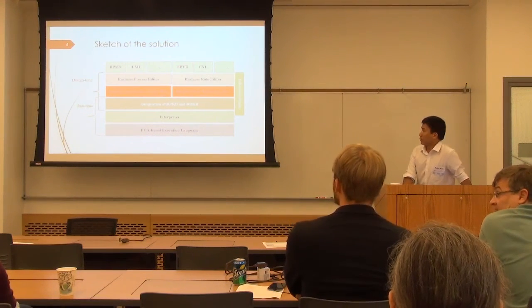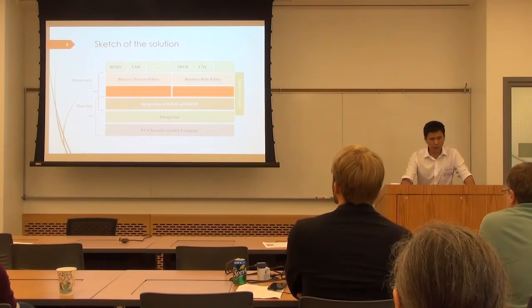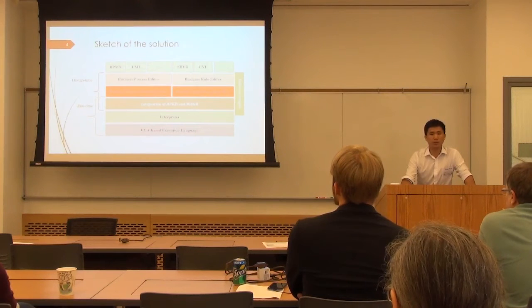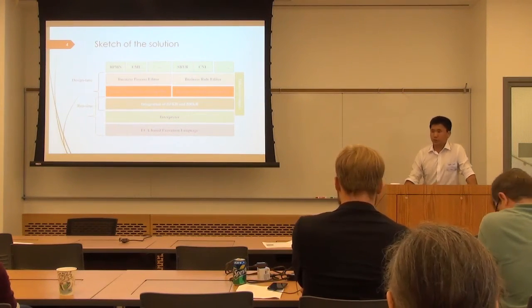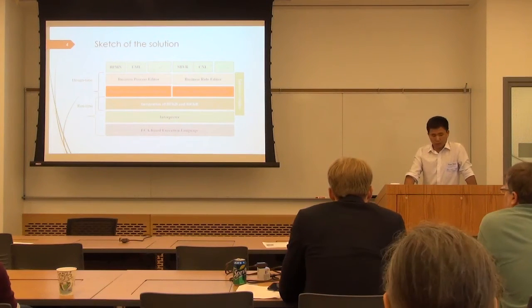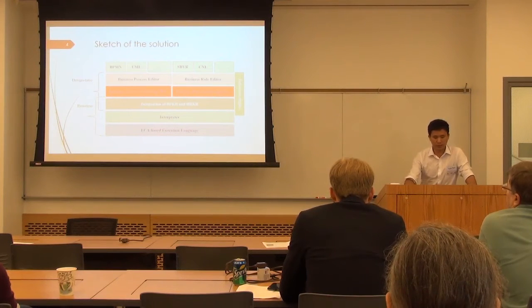In this figure, it's the business process model base. Actually, it's a business process ontology to represent the process for reasoning. I will introduce it in more detail in the next section.